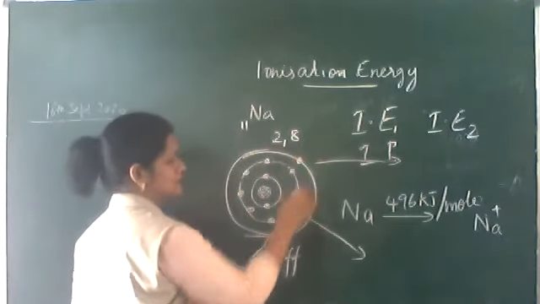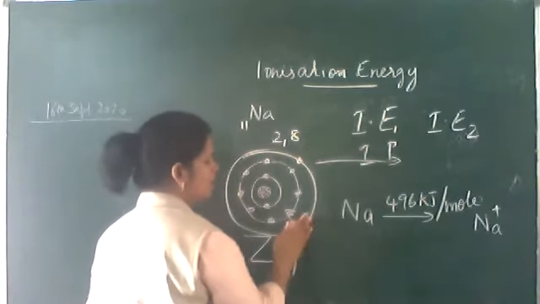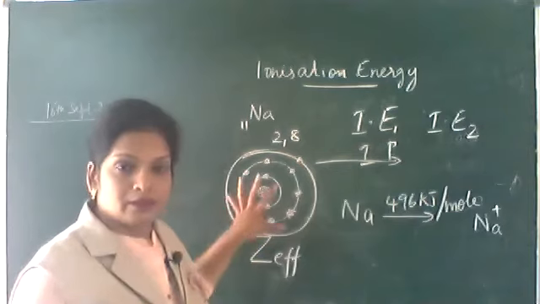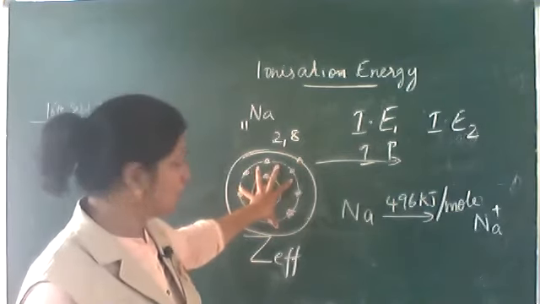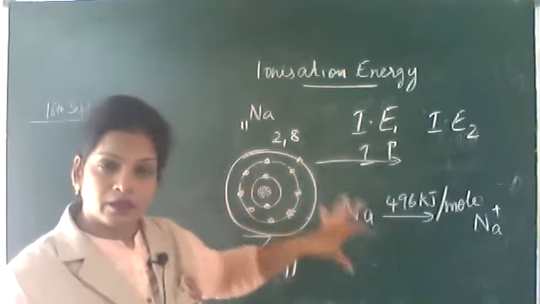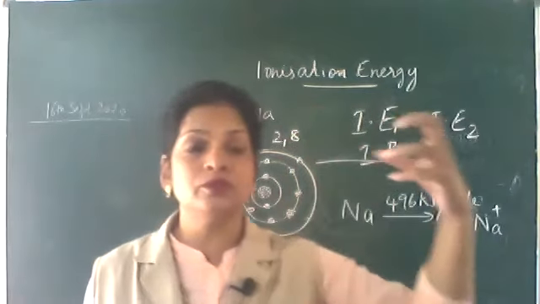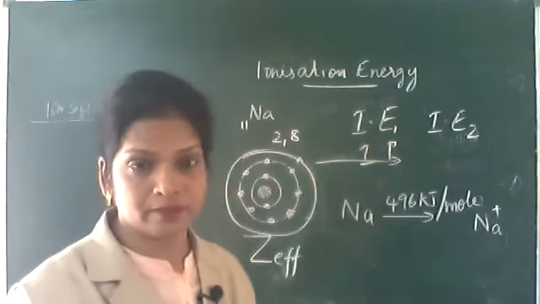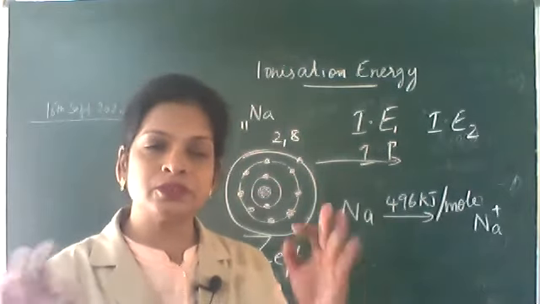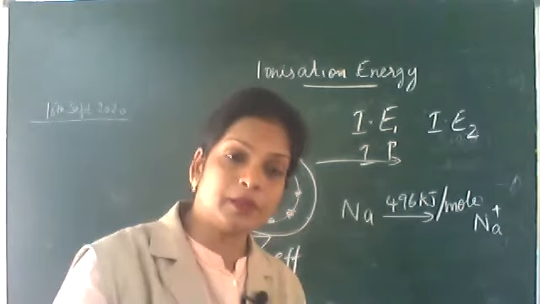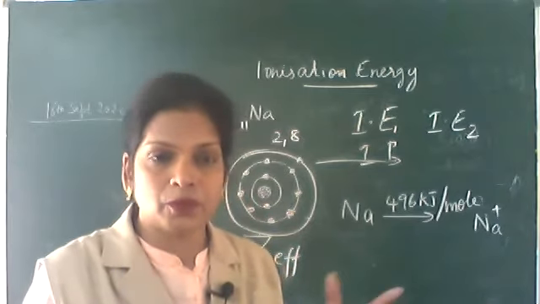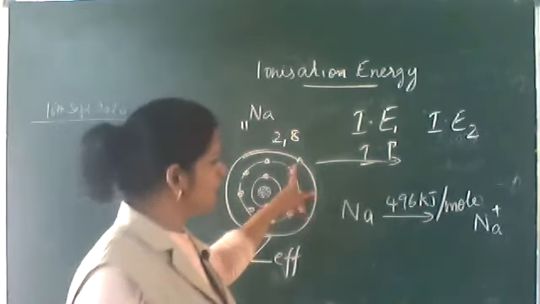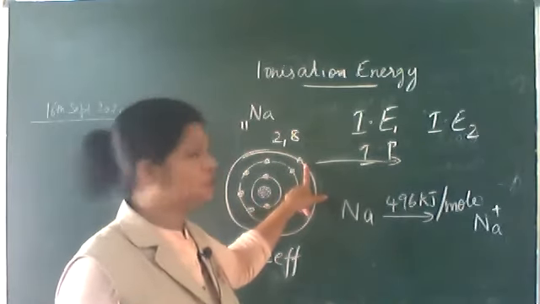After the removal of this electron, the remaining species is going to move to a more stable state. Then this process will be easy. Suppose a system is going to a more stable state by doing some process, then that process will be very easy. So here, very less amount of energy is required to remove this electron.